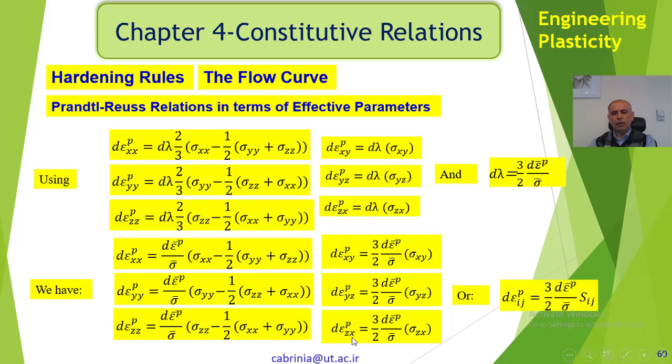Also, the shear incremental plastic strains, and all of these could be simplified into this tensor notation: d epsilon ij p equal to 3/2 d epsilon bar p over sigma bar times s ij. So what we meant here by Prandtl-Reuss equations in terms of effective parameters is this equation.